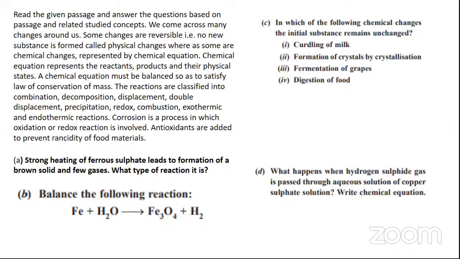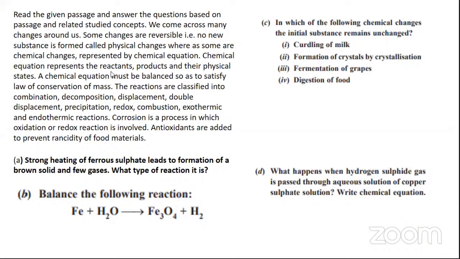Yeah, everyone. This is our first question. We come across many changes around us. Some changes are reversible, that is, no new substance is formed, and that change we call a physical change, whereas some are chemical changes represented by the chemical equation.